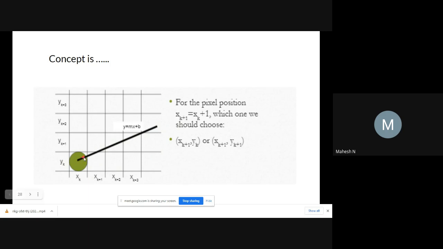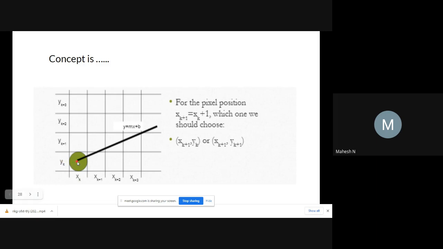This part of the line is lying in exactly this pixel, and I will illuminate this pixel. I will call this particular point xk, yk.